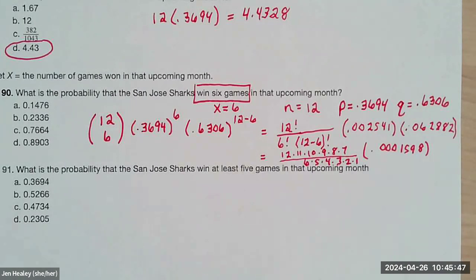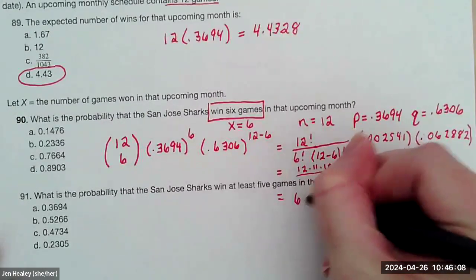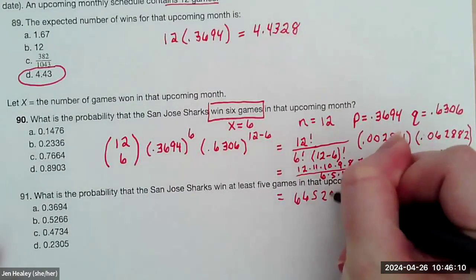Once I do that and then I do that calculation, I should have my answer. And let's see. 12 times 11 times 10 times 9 times 8 times 7 is equal to 665,280.